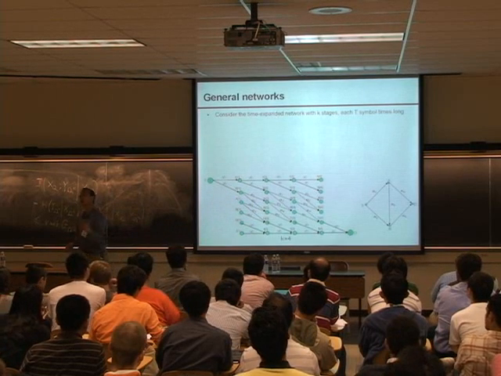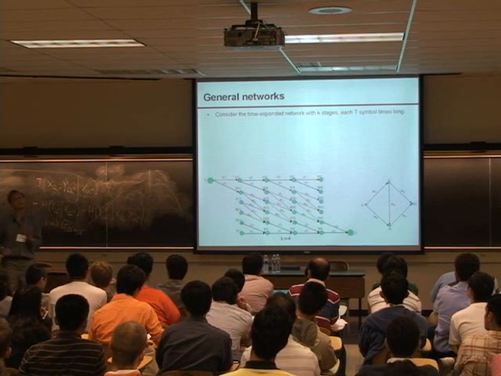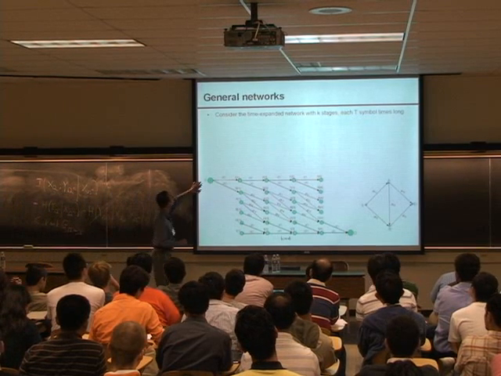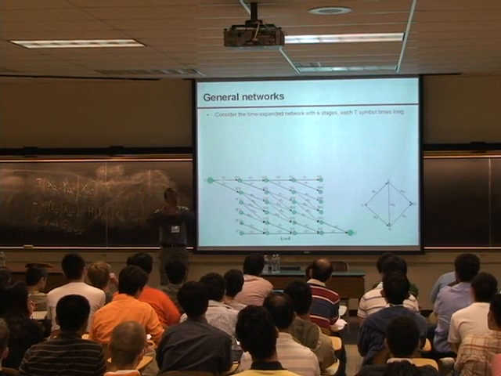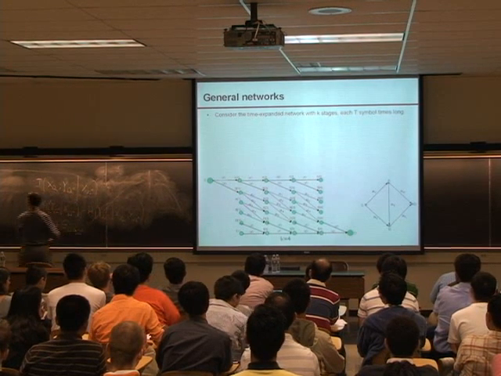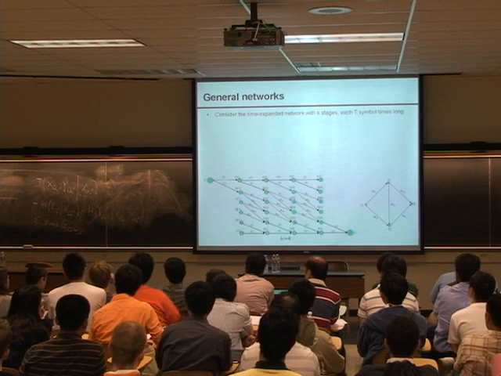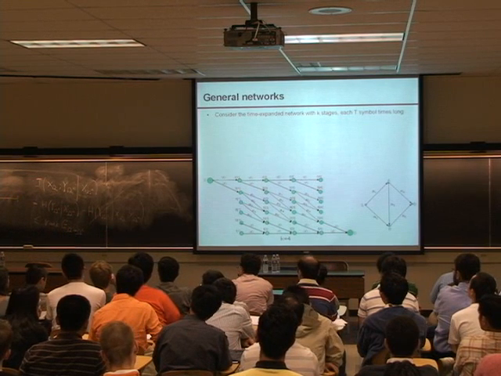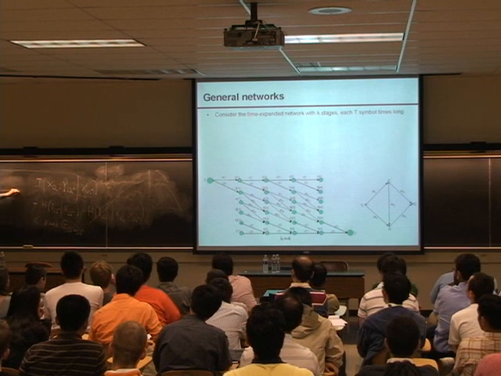The achievable strategy being that I do exactly the same as before, except that the source is going to do the encoding over this very long super block. So time is divided into very long times, and each of them is block length t.